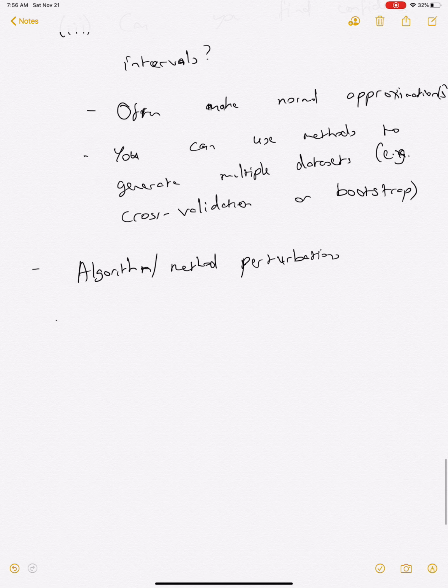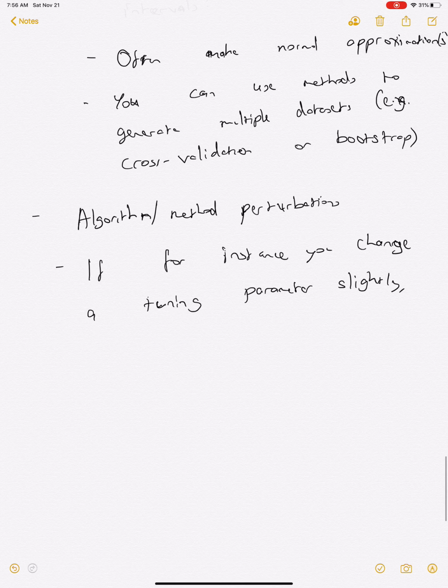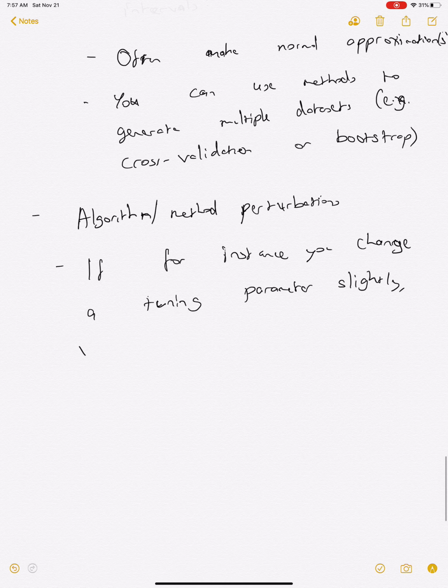So what I mean by that is, if, for instance, you change a tuning parameter slightly, will you dramatically change results?